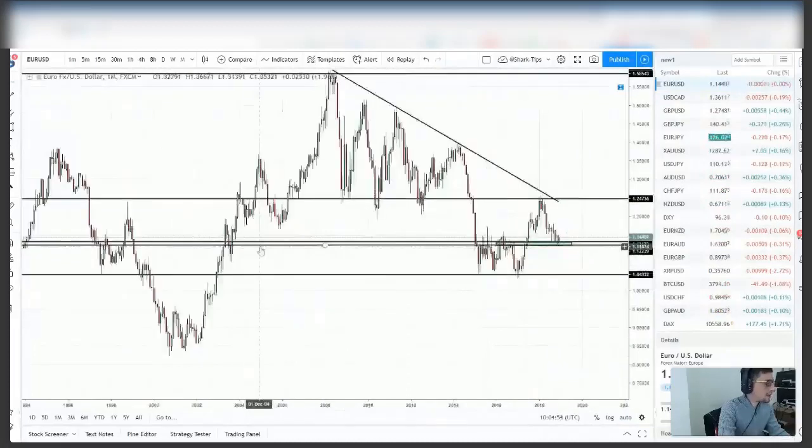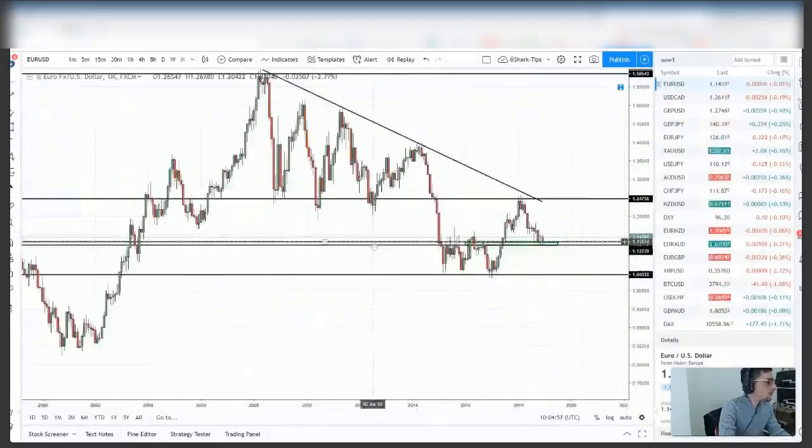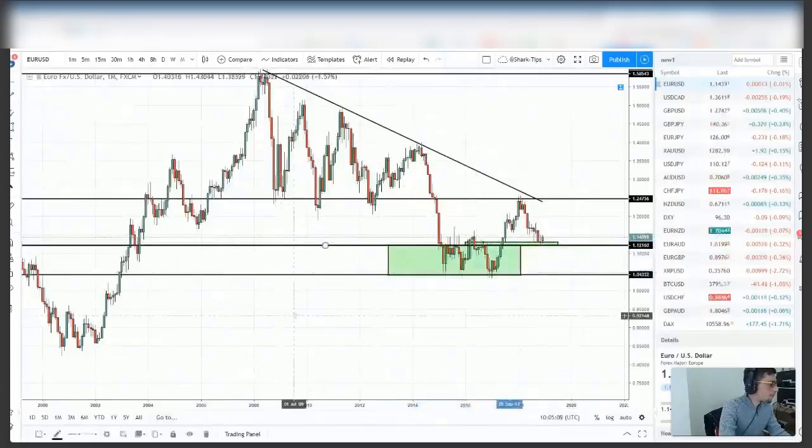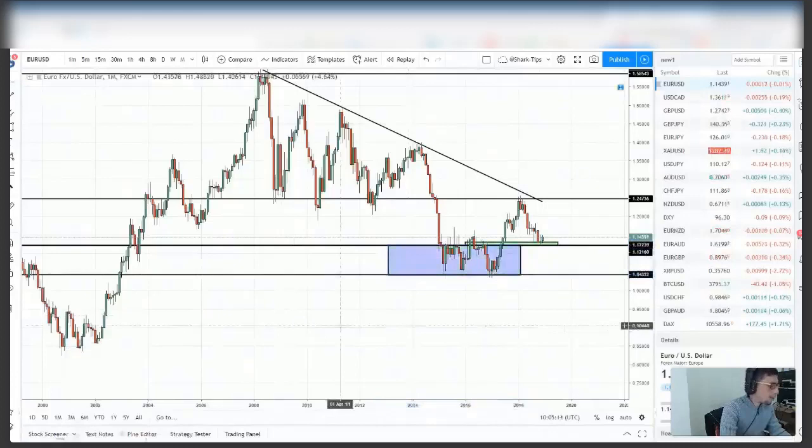Another interesting thing for the euro, if we're taking a look on this area here, this is the area that price has been fluctuating in between 2015 to 2017.